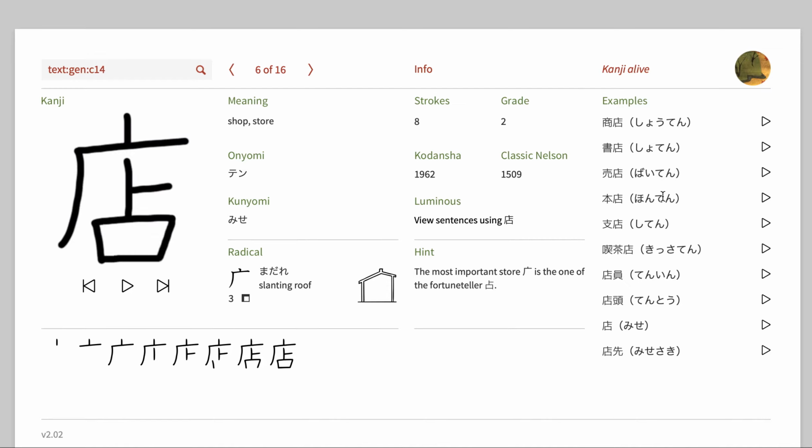Honten is the head office or the head store. Shiten is a branch office. Kissaten, you probably know, is a coffee shop. Tein is a clerk or salesperson. Tento is a shop front. Mise for store, and mise saki is a storefront.